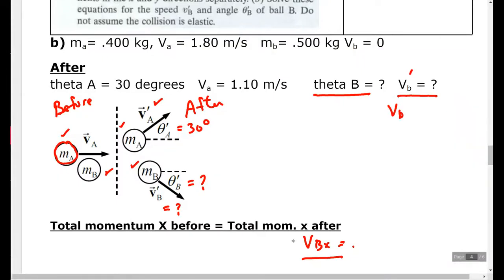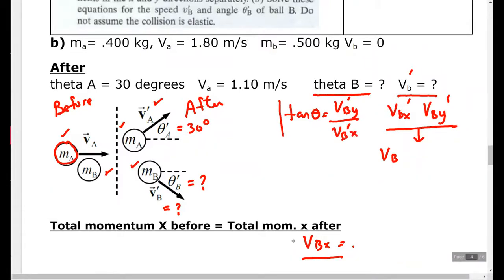If I knew VBX prime and VBY prime, these two components, I could use the Pythagorean theorem to get VB: the square root of VBX squared plus VBY squared gives me the velocity of B. Also, I can use tangent: VB prime Y over VB prime X gives me the theta that I don't know.